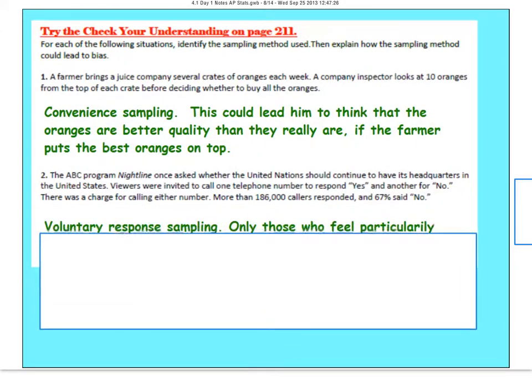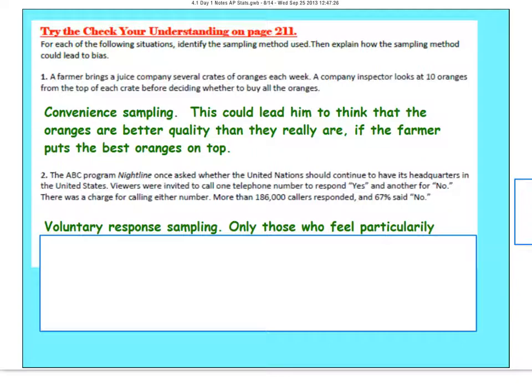So the question is, is it overstated or understated? Well, this is probably an overstated amount, with those probably unhappy with the UN calling in if the highest response is no. Also, you're charged for it, so you have to really have a strong opinion on this to want to be charged money to have your vote count.